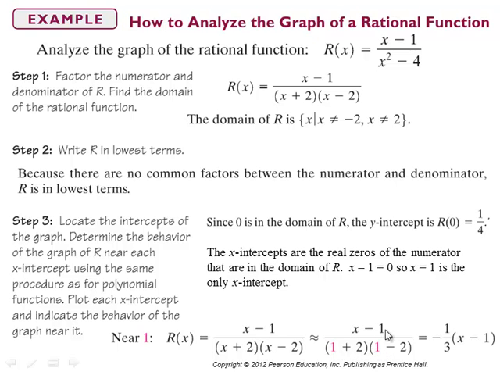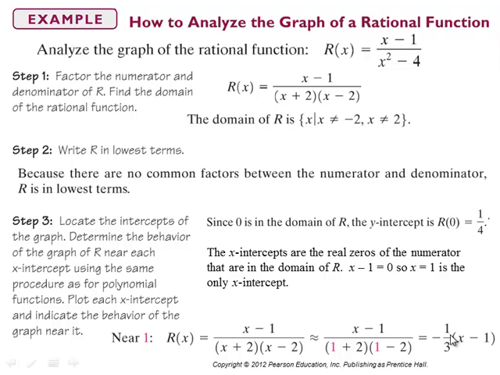Now, so you have x minus 1 divided by 1 plus 2 times 1 minus 2. 1 plus 2 is 3, 1 minus 2 is negative 1. So you get negative 1/3 times x minus 1. So what we're saying is that the graph of this function will behave in a highly localized manner, approximately like this linear equation, in the neighborhood of x equals 1. Why is this important? Well, this linear equation has a slope of negative 1/3.